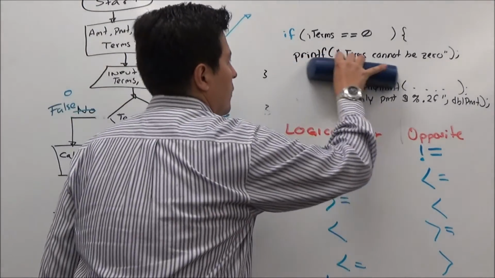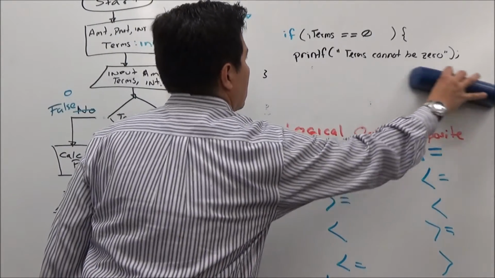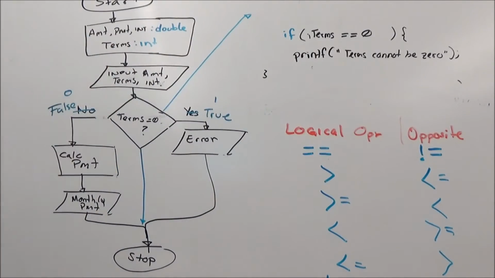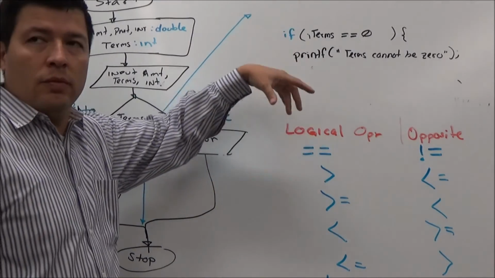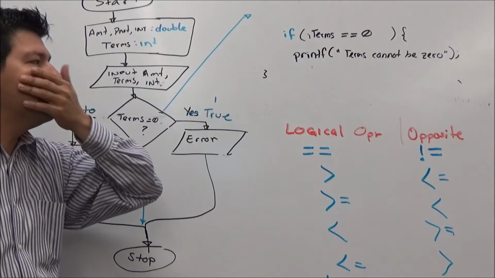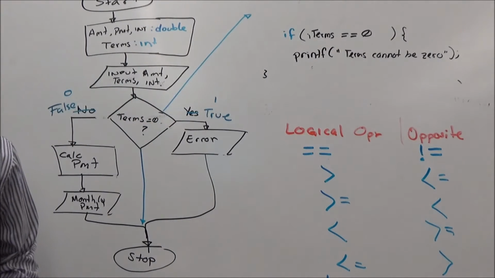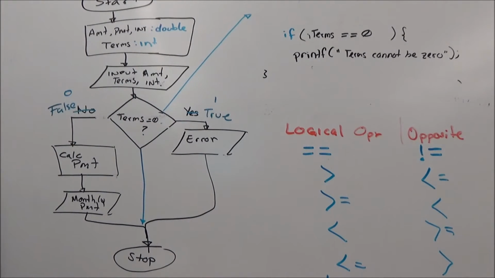Don't write an else. So the code only executes if it's true. What if I want to do something only if it's false? How will you do it?